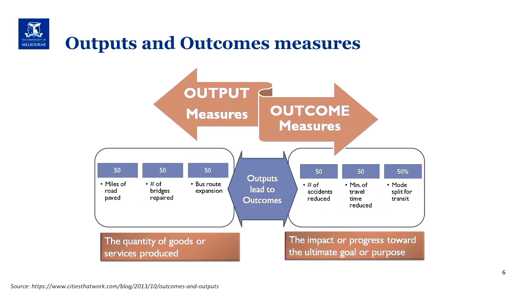When you are talking about the outputs, it's just the quantity of products or services that you produce, and the outputs lead to outcomes. So that is the impact of those products or services. Just to give you an example, if people are trying to go from point A to point B, you have different options to make it happen.